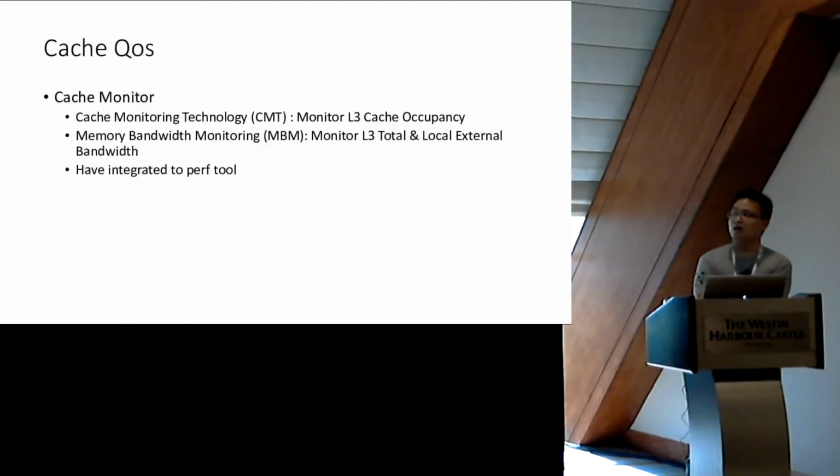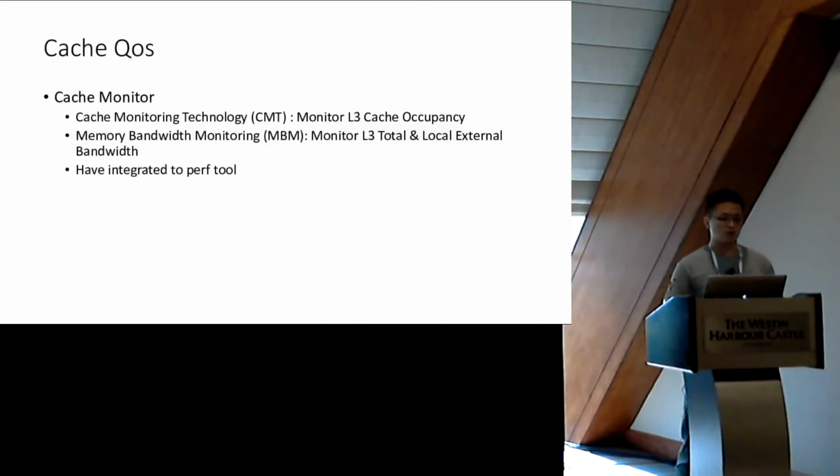Generally speaking, local bandwidth means the communication between CPU sockets, usually in a NUMA system, and the total bandwidth means all the memory bandwidth.